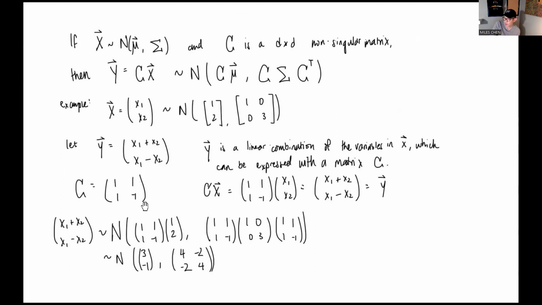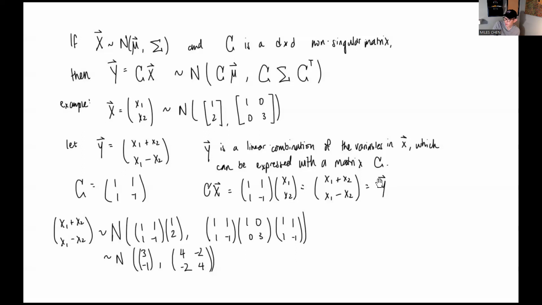That can be represented by this matrix C: 1, 1, and 1, negative 1. When you do C times X, where X is x1 and x2, you get x1 plus x2 on the top, and x1 minus x2 on the bottom, and that's my definition of Y.